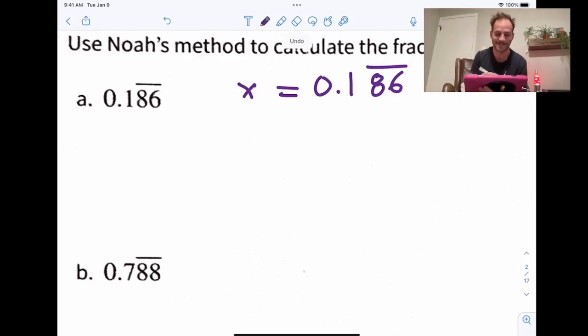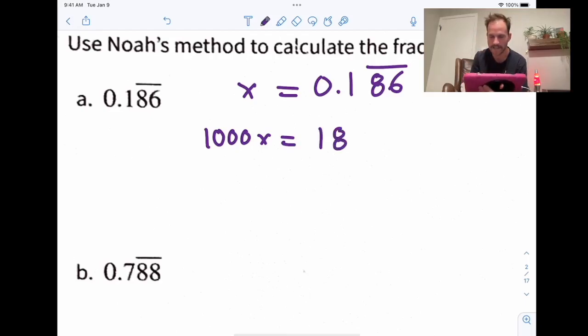Oh no, it is 1,000. So there's three numbers behind the decimal. You'll see why we've done this in a second. So that brings us to 186.868 repeating. You'll see why I've done this.